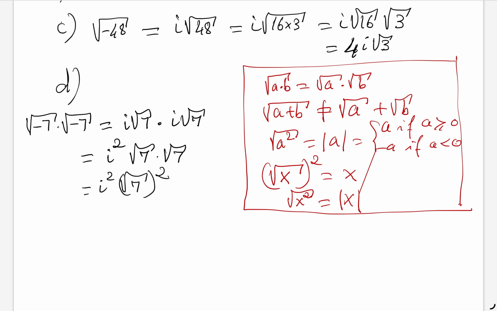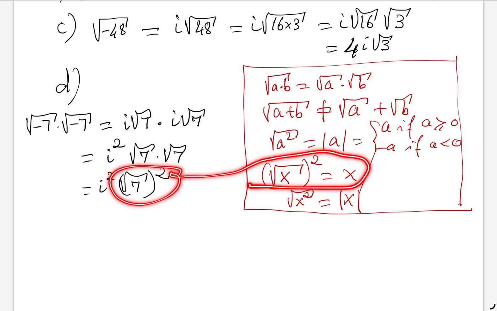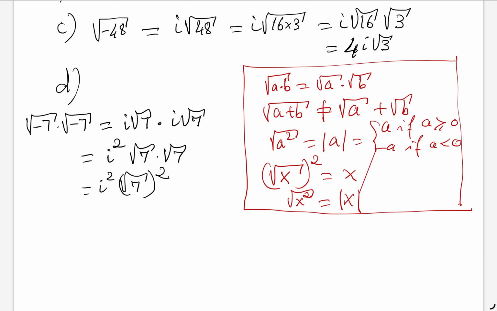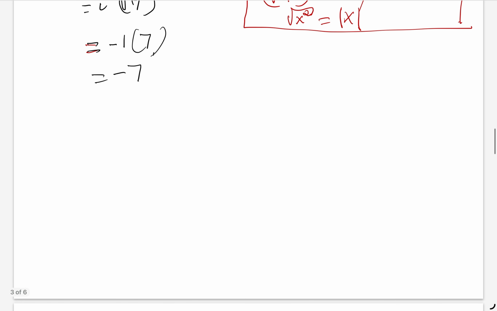Good. Now you reach here and you just apply that formula. From here, you can apply directly that formula and you will see it is equal to 7. So you will have here -1 times 7. And then you end up having -7. That's it. Okay?